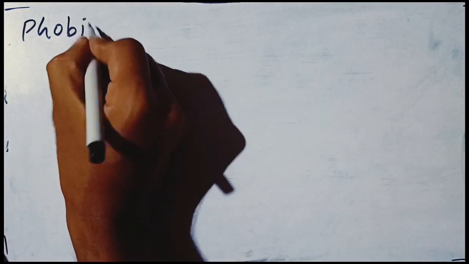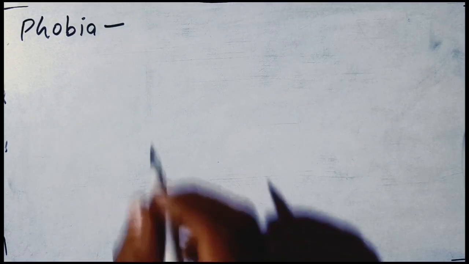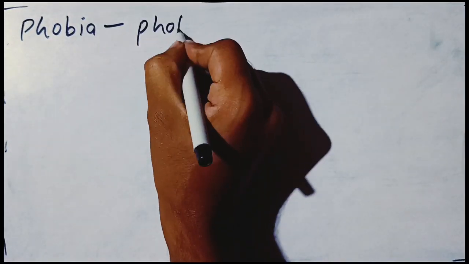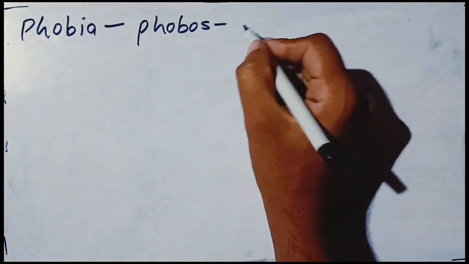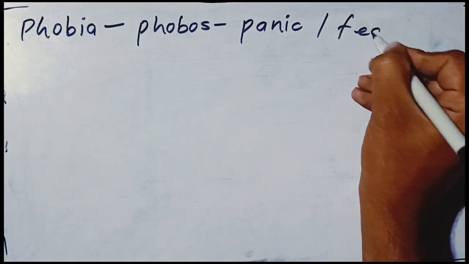Hey guys, in today's session, we're gonna cover all the essential phobia words that are frequently asked in exams. But first of all, phobia. Phobia roots to both Greek and Latin phobos, meaning panic or fear.